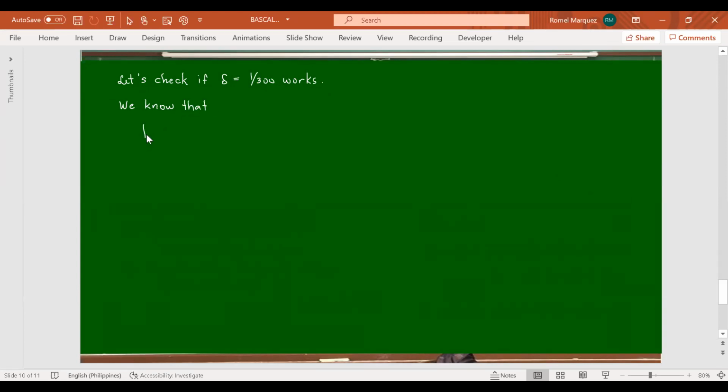The absolute value of x minus 3 is between what? Between delta, no? And this implies that the absolute value of x minus 3 is, but what is, by the way, what is our delta?